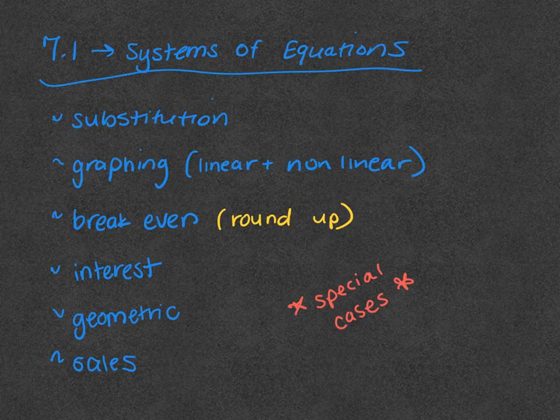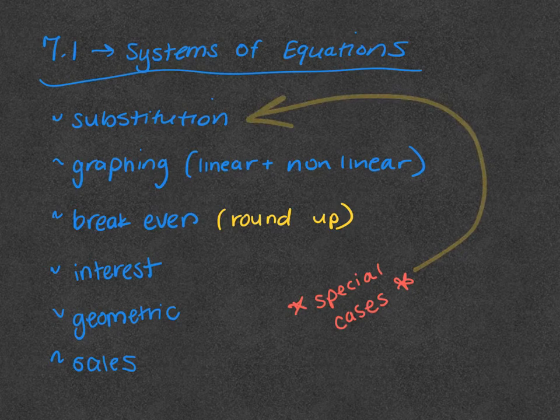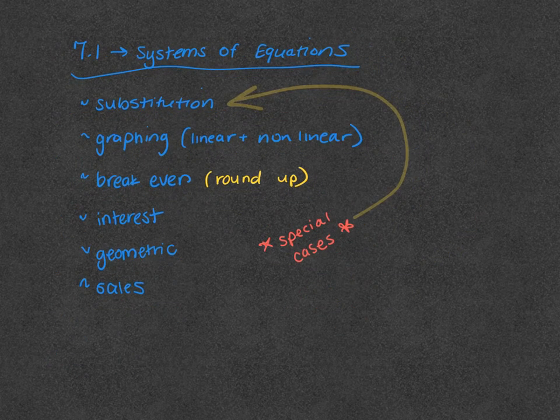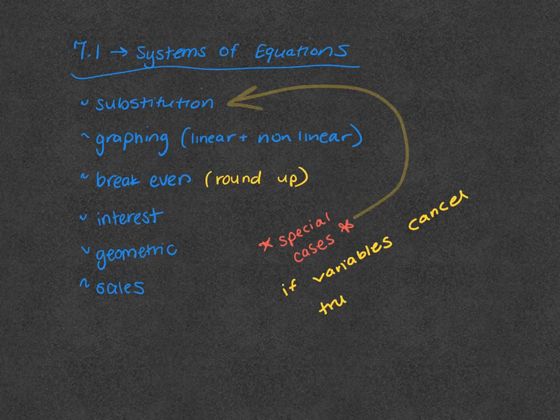Remember your special cases for your substitution and your graphing. If your variables cancel out, and what's left is true, then it's all real numbers. If what's left is false, it's no solution.